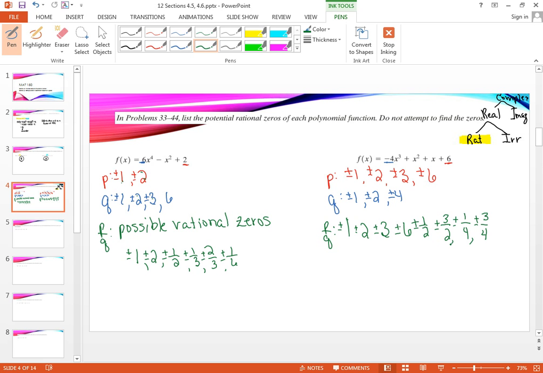Put my commas in there. And if you wanted to do it as a roster, technically you'd have it in curly brackets, like so. So again, if there are going to be rational zeros of this polynomial right here, it has to be one of these numbers. Any rational zeros that this function has have to be in this list.